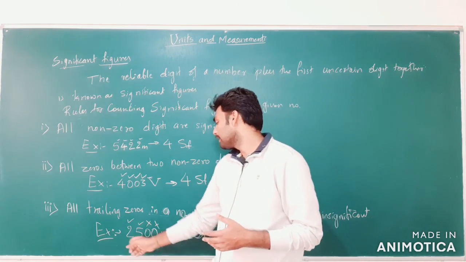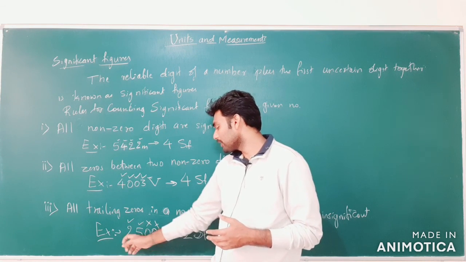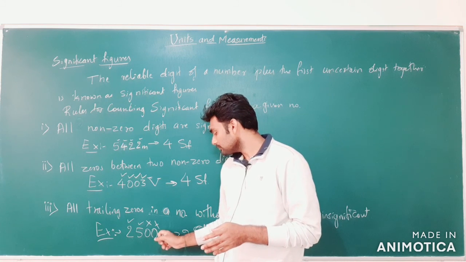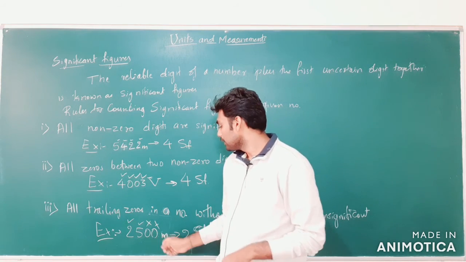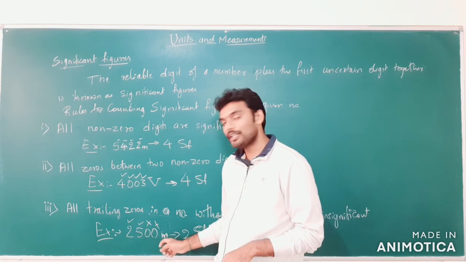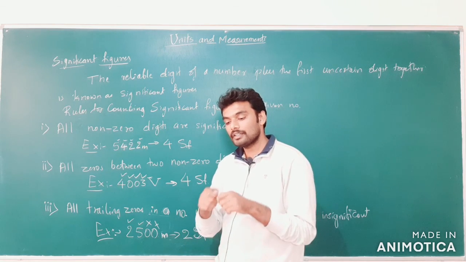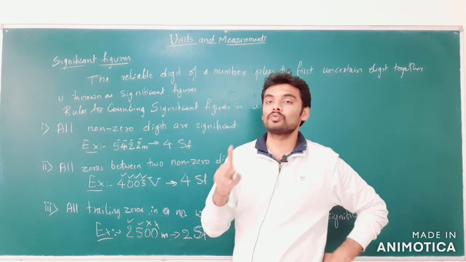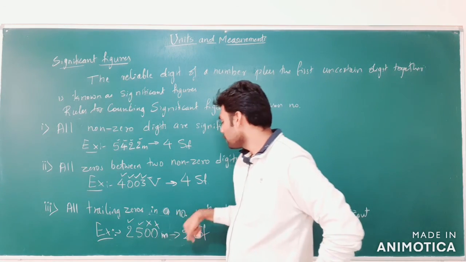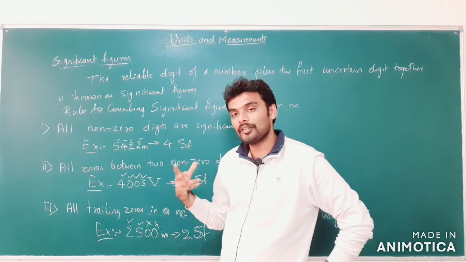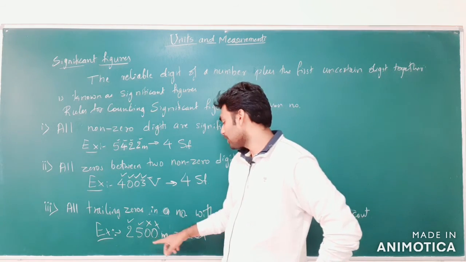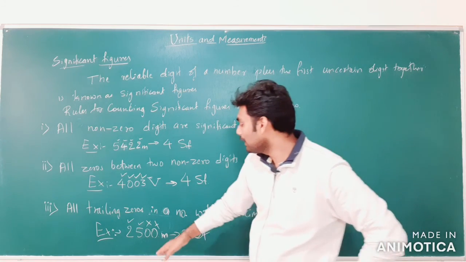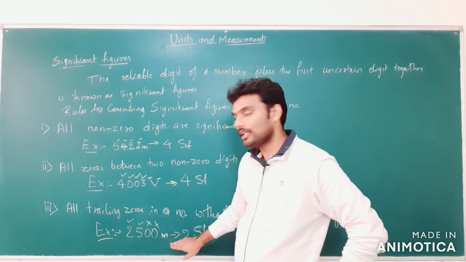So there are two digits, two significant figures, 2 and 5, that's fine. And then we have the unit meter. So one thing is clear, the unit is meter. So now we are clear that the least count of that given measurement is 1 meter. So the given instrument for the measurement cannot measure something less than 1 meter. That is why it stopped at 2500 meter.